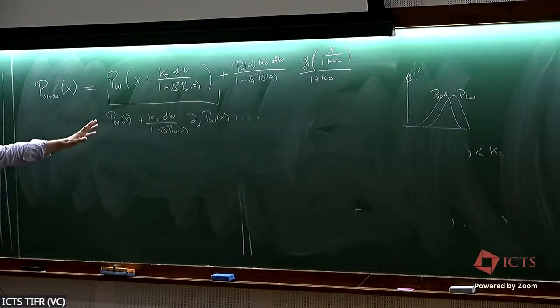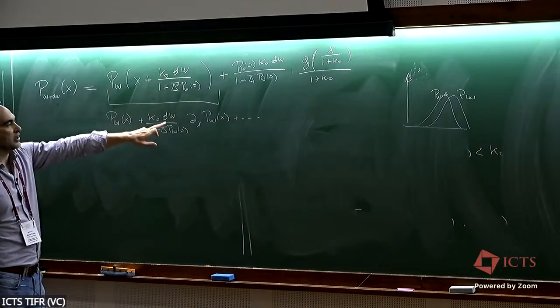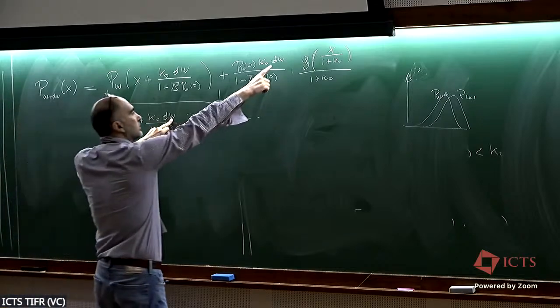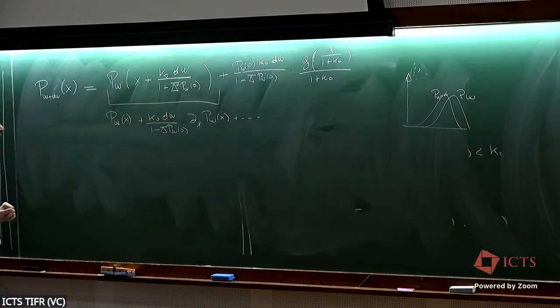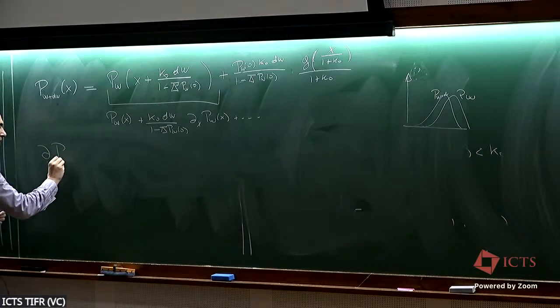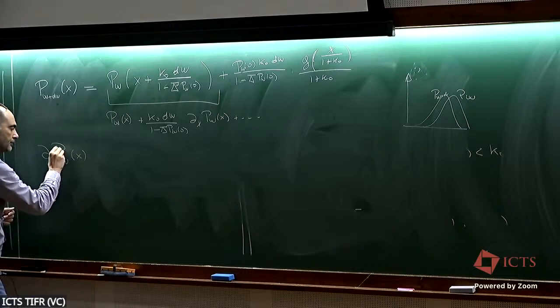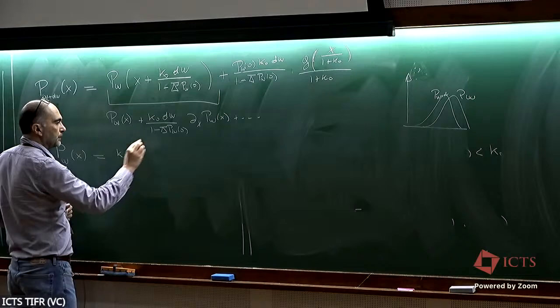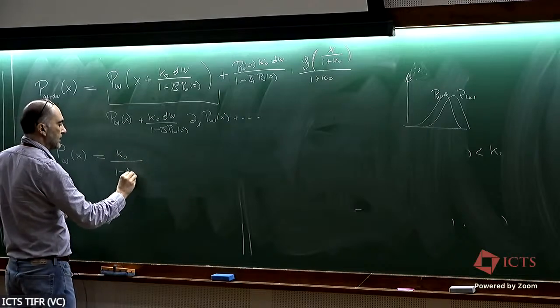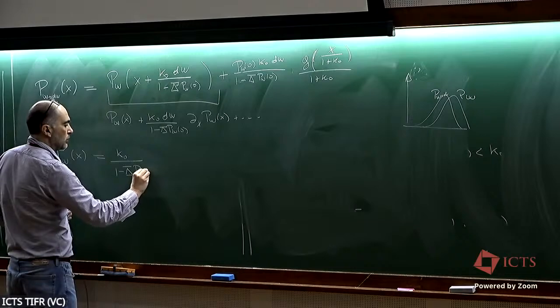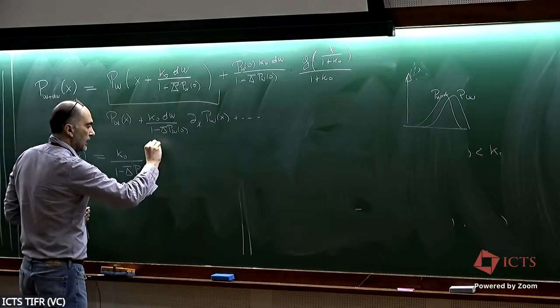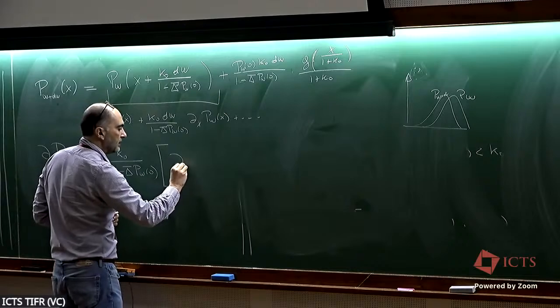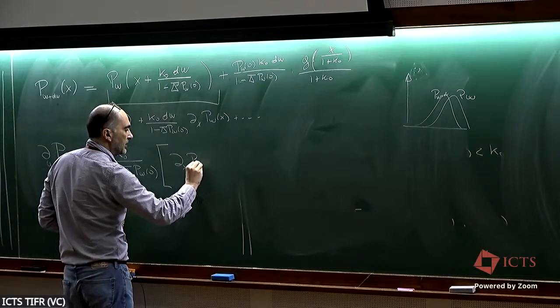And so now you have a differential equation here. There are the two terms which depend on delta W. And so let's reorganize everything. You will have the derivative with respect to W is equal to K0 divided by 1 minus delta bar PW0, and then we have the derivative with respect to X of PWX.